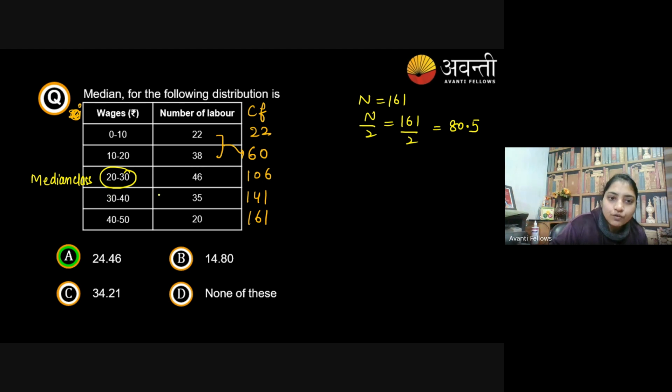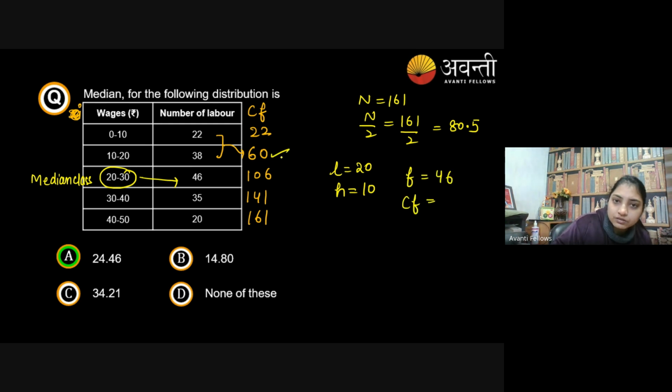But if you want to implement the formula, L will be 20, h is 10. The frequency corresponding to this is f is 46, and cumulative frequency is just the last total, it means 60. Clear? So the formula for the median will be L plus (N by 2 minus CF) divided by f, into h.